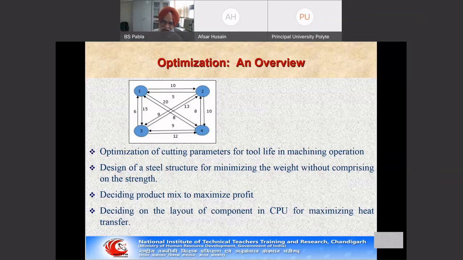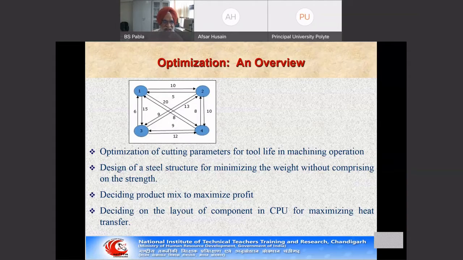Depends on what I want. Optimization of the cutting parameters for minimum cost of the component, minimizing the cost of the machining operations. So that depends on me, what I want to do. I have given you 3-4 examples in optimization of cutting parameters itself, right? And that too on a lathe machine itself. But you can work on any machine. You can have the optimization problem on any machine.